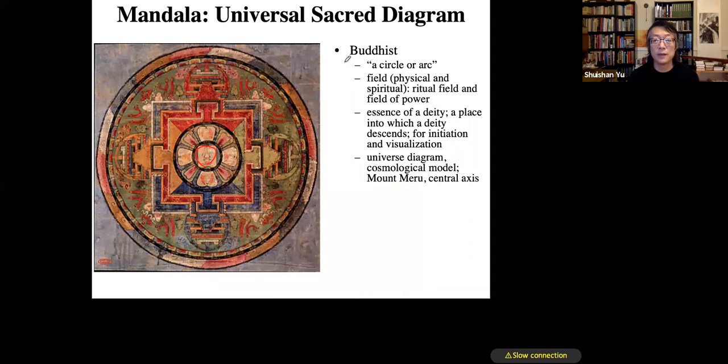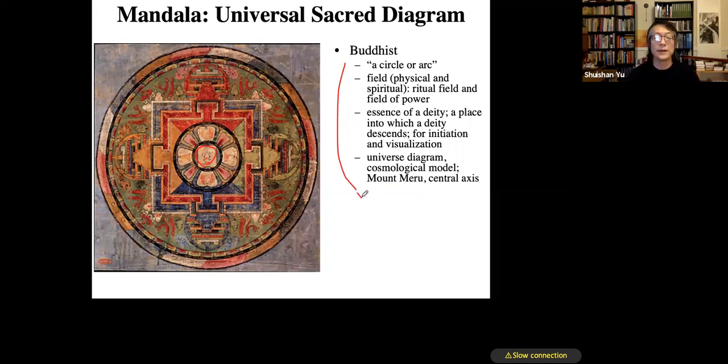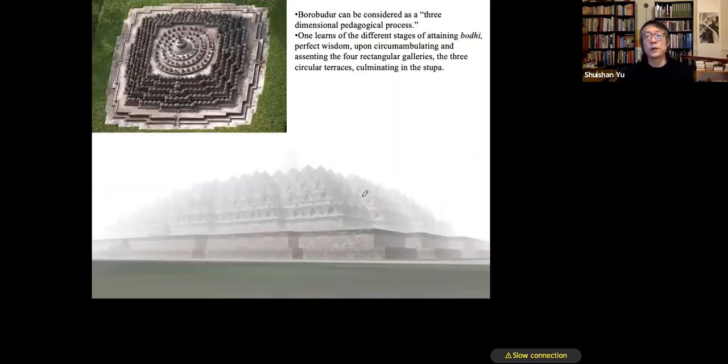But Tibetan mandala has many layers of meanings, more sophisticated, but they were based on the same cosmic idea about how the universe is structured. So Borobudur can be considered as a three-dimensional pedagogical process. One learns the different stages of attaining Bodhi.